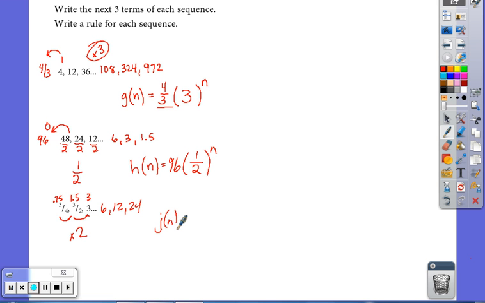So my equation, again, it's going to be that multiplier of 2 to the n power. And I must go backwards 1 again to get that previous term. So if you're not a fan of fractions, you could just take 3/4 divided by 2 on your calculator and change it to a fraction.